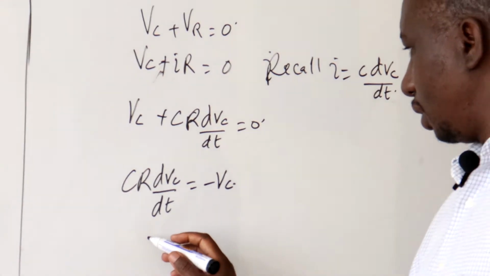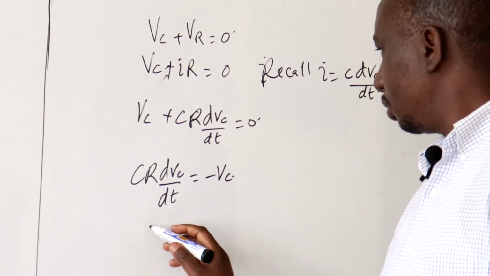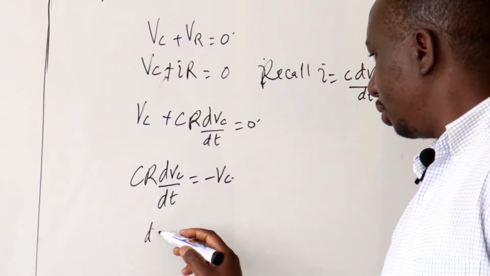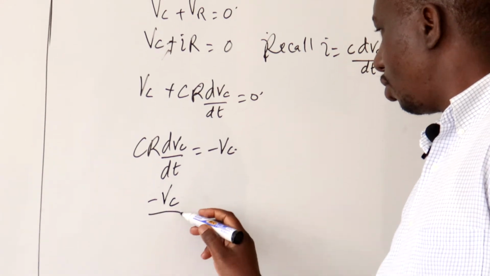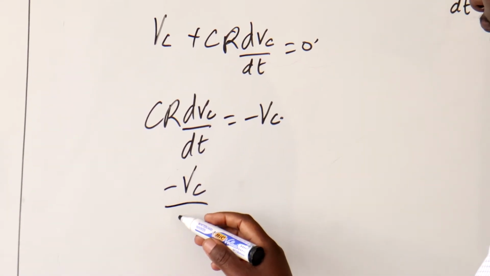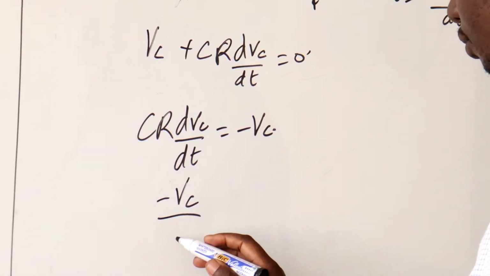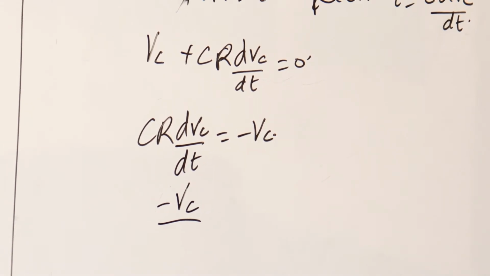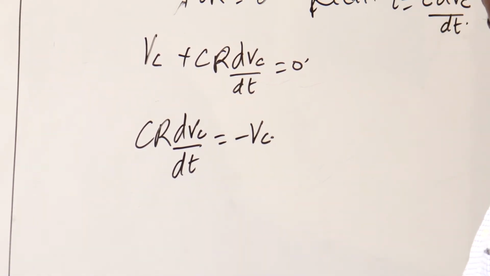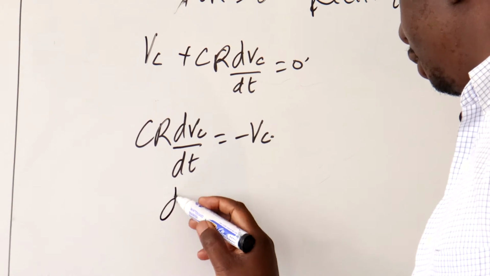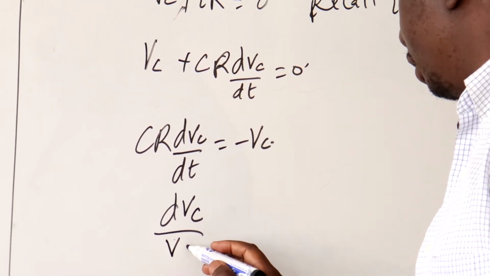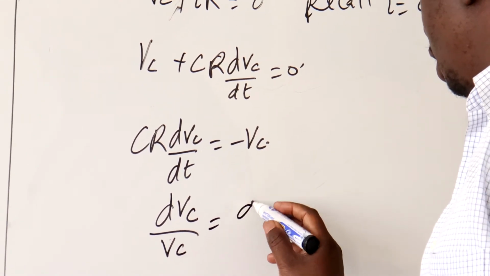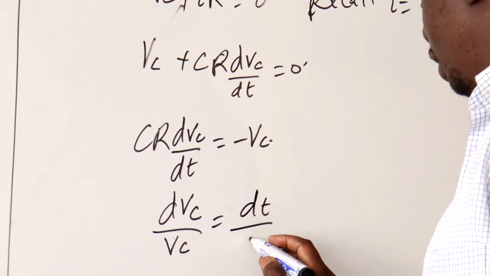We shall have dVC over VC is supposed to be minus dt over CR.